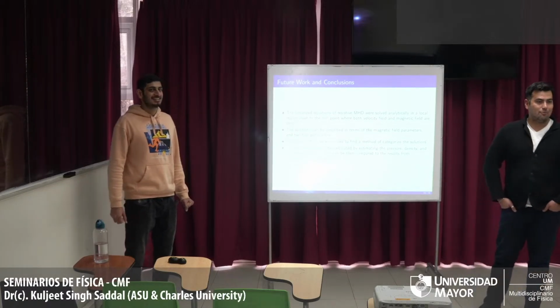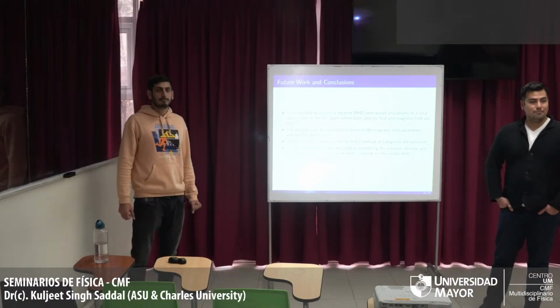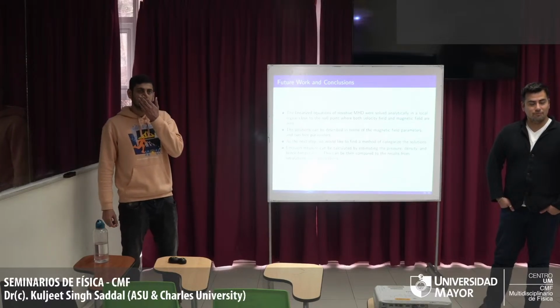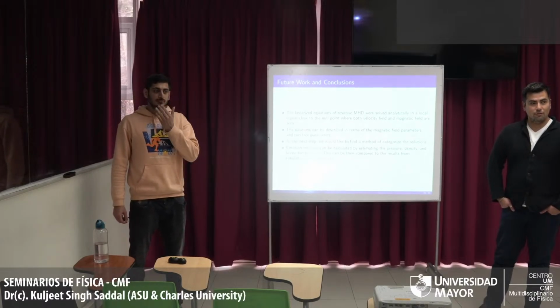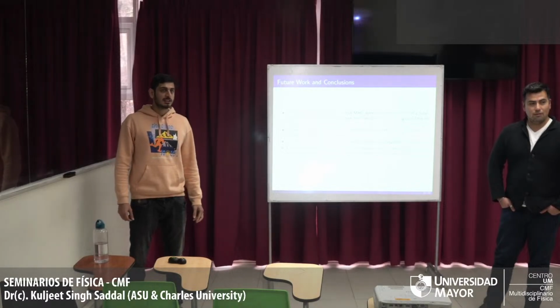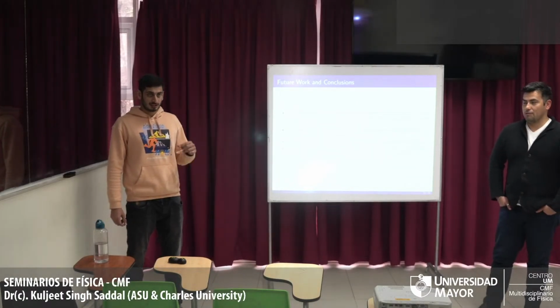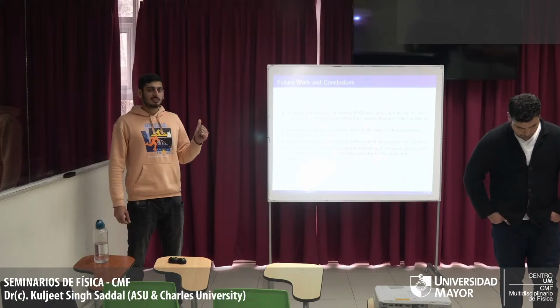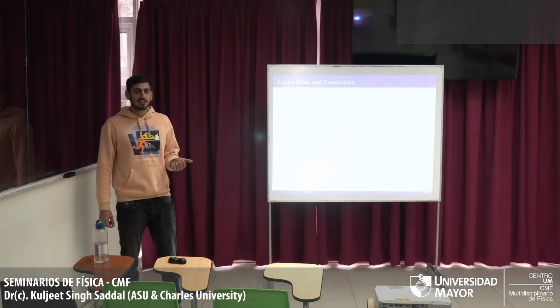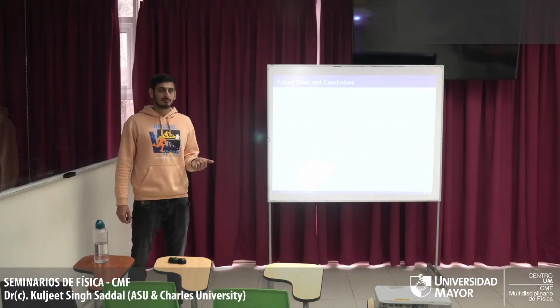Great. Any other question? Amar? Yes. Can you have another form of the magnetic field? Because this form is very general. By choosing this form, what we have fixed in reality is just the coordinate system.